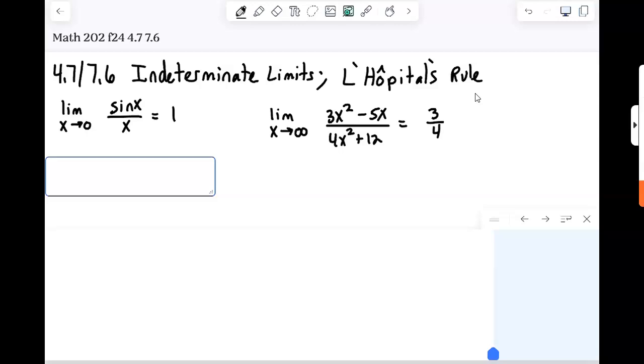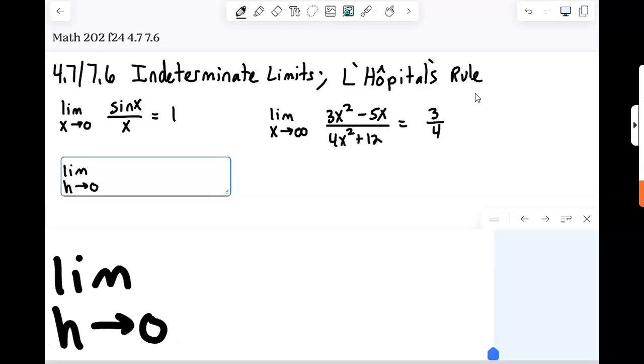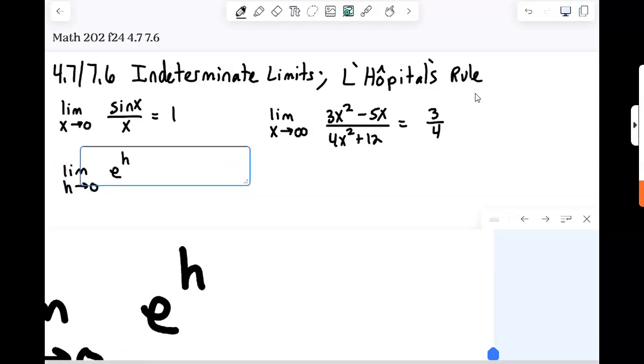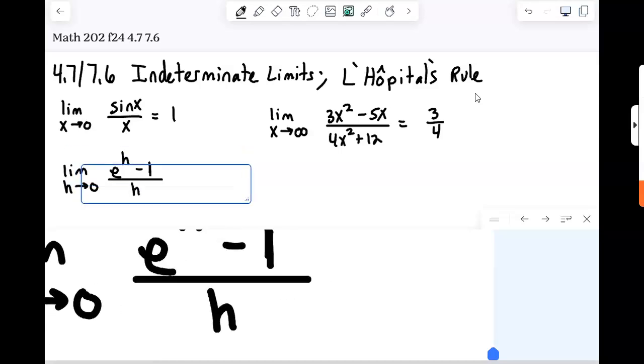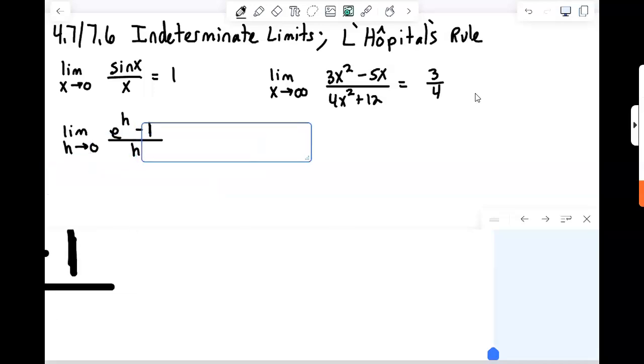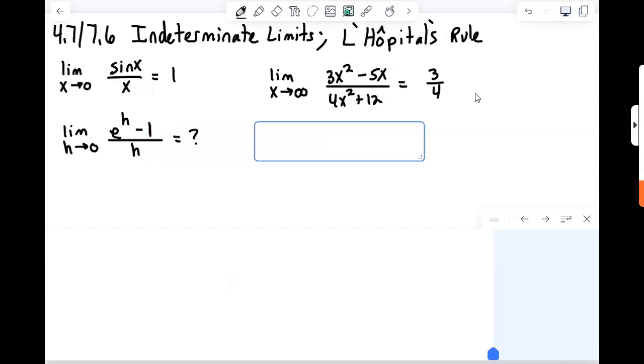Another one that you saw, this one we did not at the time have a way to work out. We had to just estimate it numerically. This is also a 0 over 0 limit. So we asked the question, what is that? Well, we approximated it numerically to get an answer.